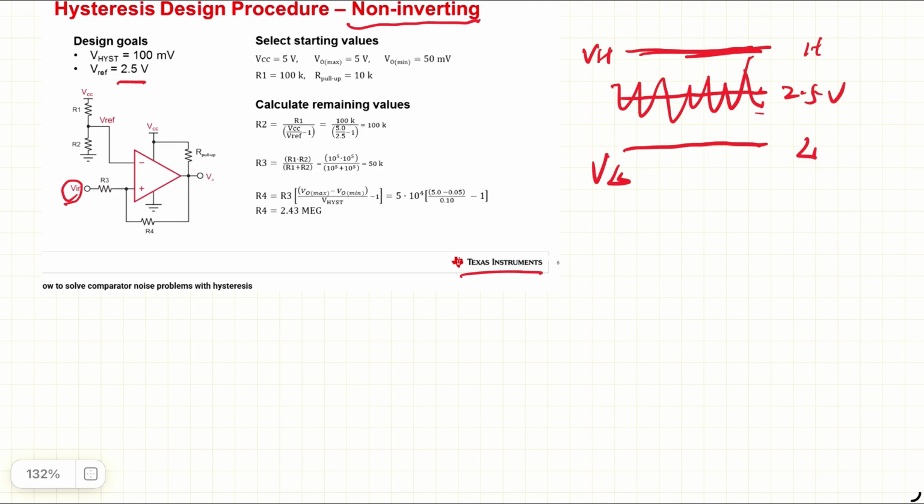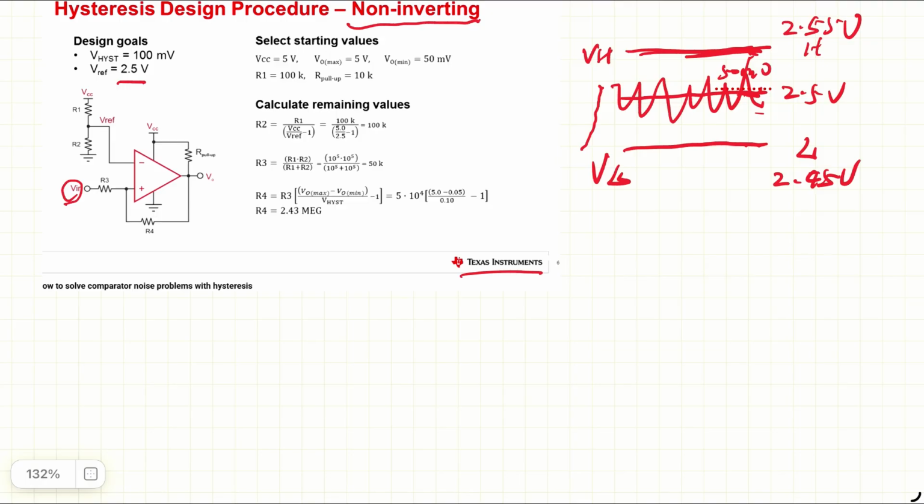How it works: if 2.5 volts is the center and the hysteresis is 100 millivolts, then we have 50 millivolts between the center and the upper side, and 50 millivolts between the center and the lower side. That means the higher threshold is 2.55 volts and the lower is 2.45 volts. If the input is coming from low to high, when the voltage increases above 2.5 volts nothing happens, the output stays low.